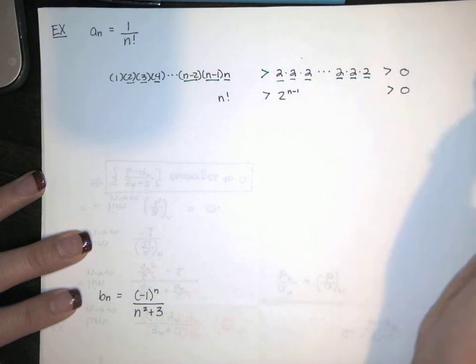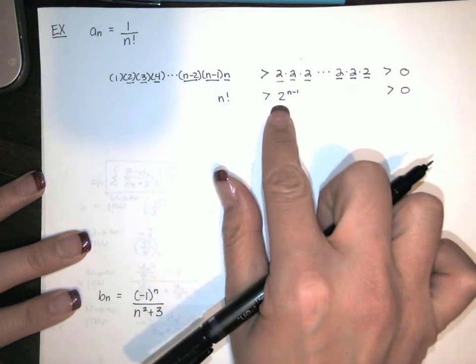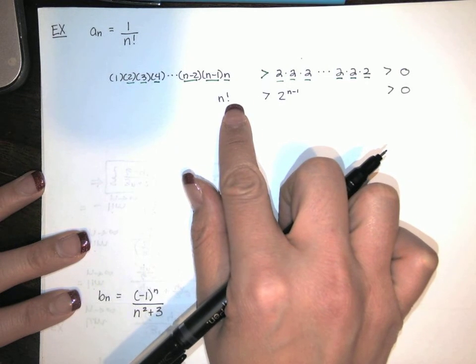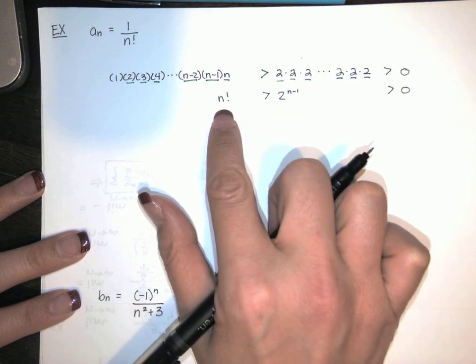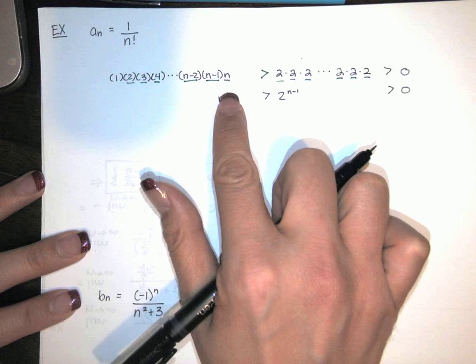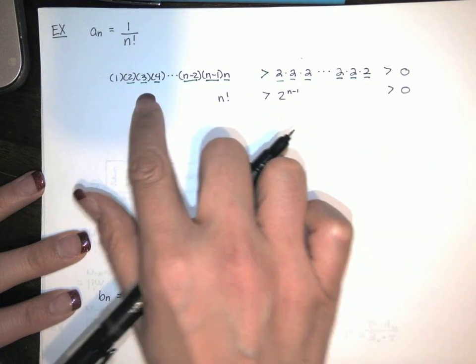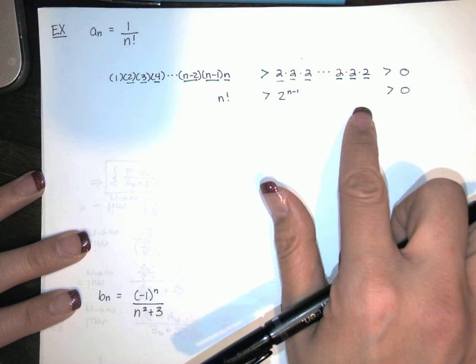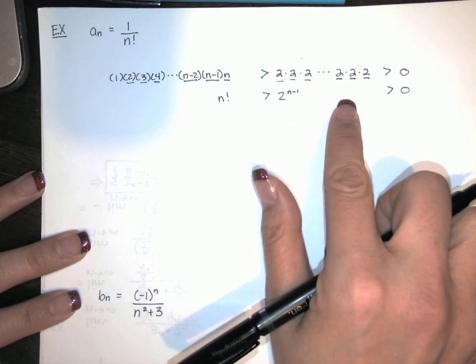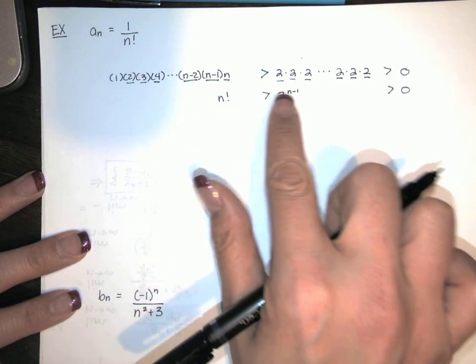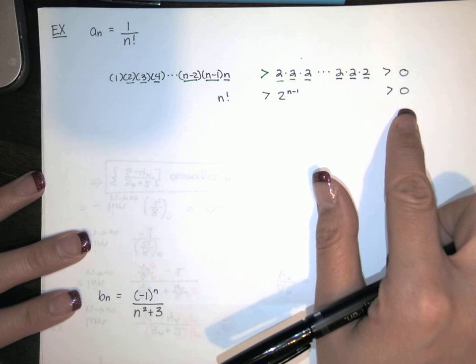Would you guys agree that no matter what n is, that's going to be positive? I hope so. I'm just multiplying a bunch of positive numbers together. And if I've got n factors over here, I've got n minus 1 factors over here. I'm multiplying that many 2's together. So this is greater than this, which is greater than 0.